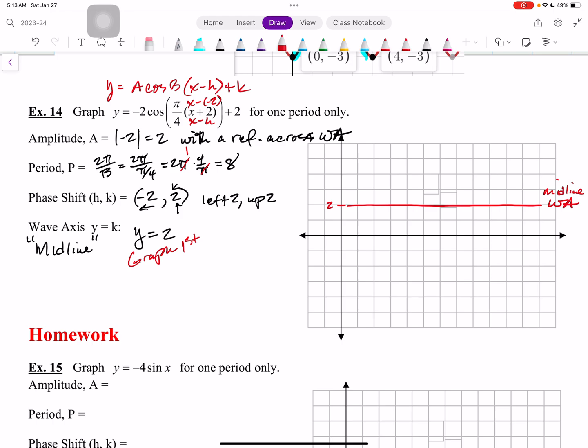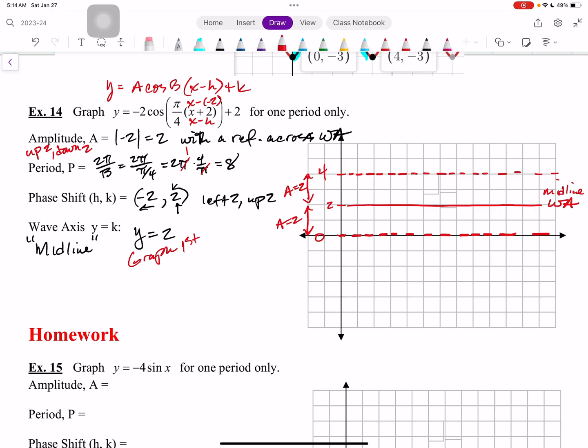From there, we use the amplitude: up 2, down 2 from the wave axis. So we go up to 4, down to 0. This distance is called the amplitude. Let's draw our guiding lines here, since the wave has to oscillate through them.